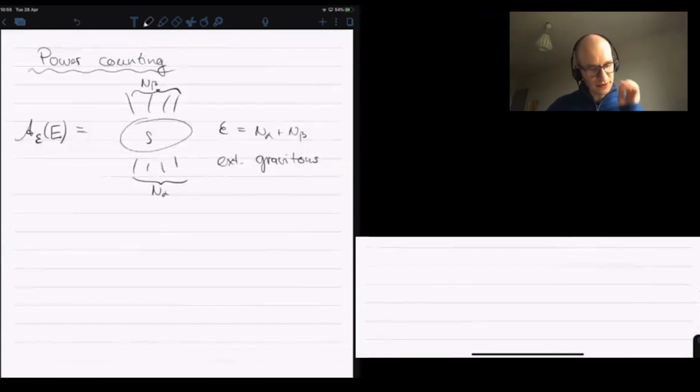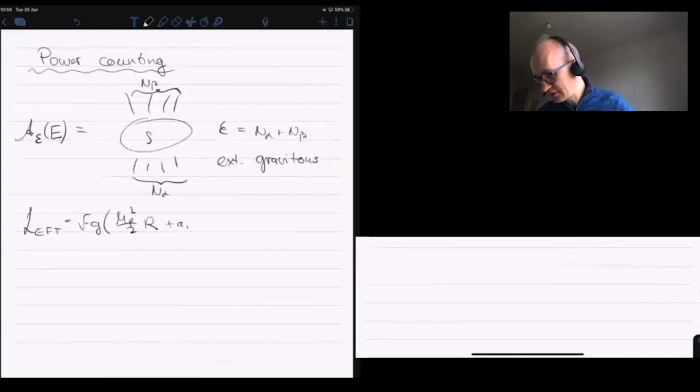So now let me just remind you. Just for the sake of power counting, I'm going to keep some of the terms that we actually eliminated. So we have m Planck squared over 2 R plus, say, a1 Riemann squared, plus dot dot dot, plus b1 over m squared R cubed.